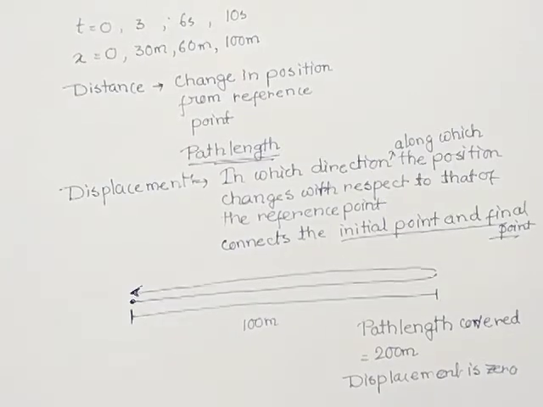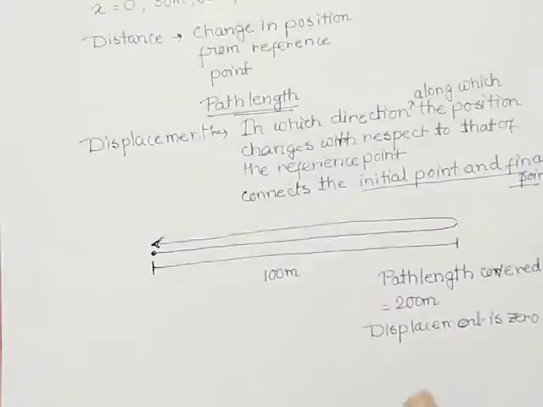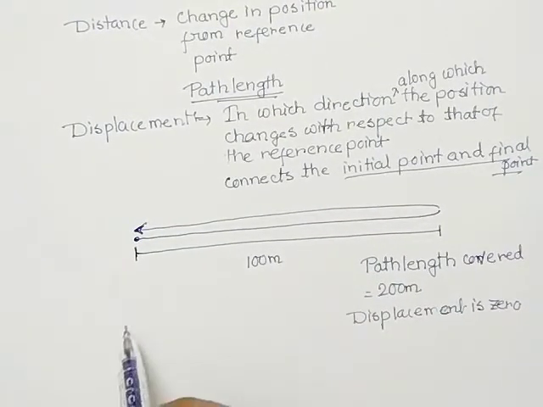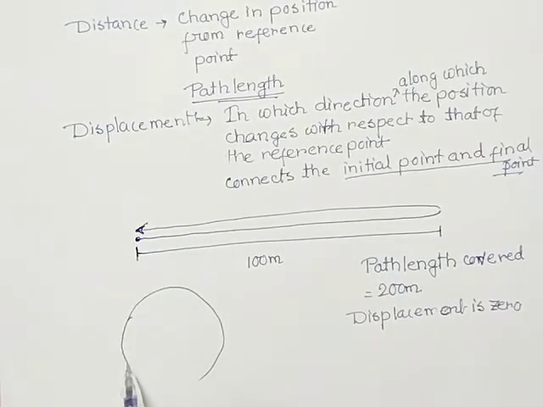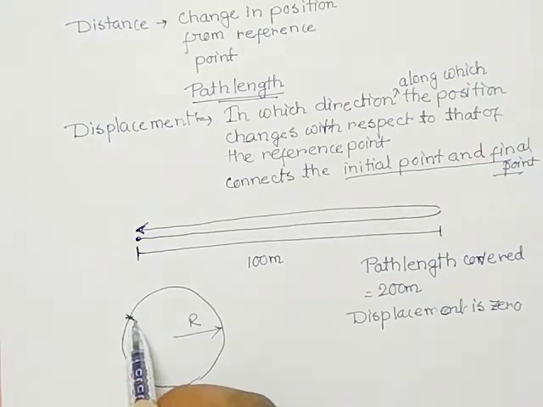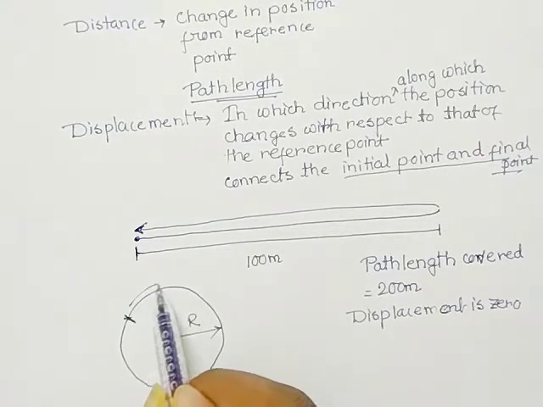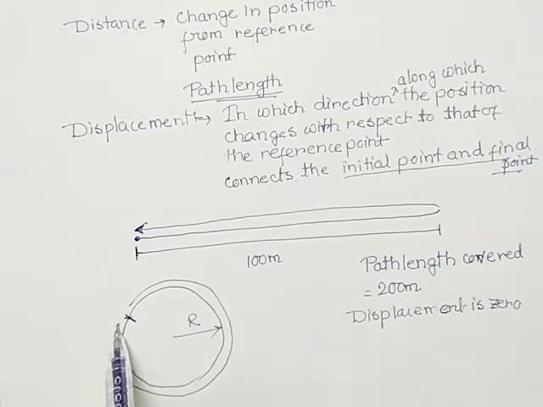If I take another example, an athlete moving in a circular track of radius capital R. Let us consider it is the starting point. After one complete revolution along this circular track, the athlete again reaches this point.